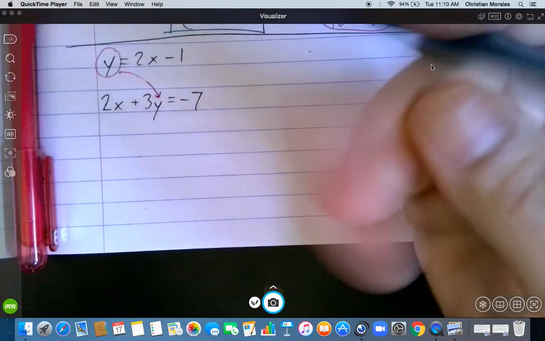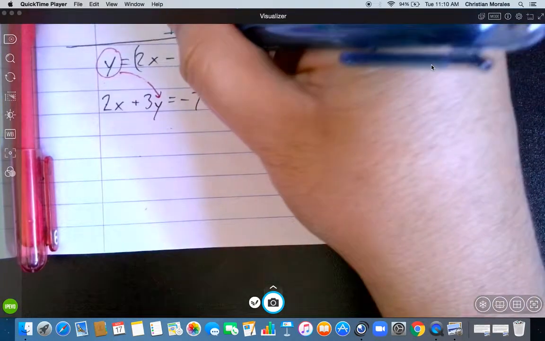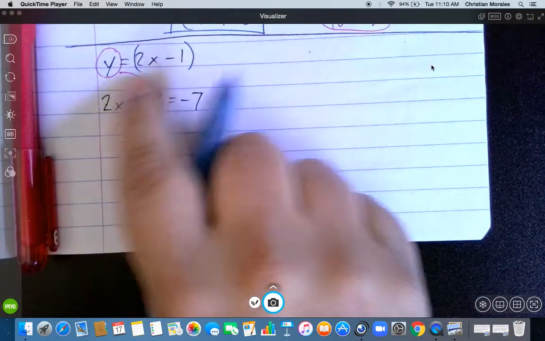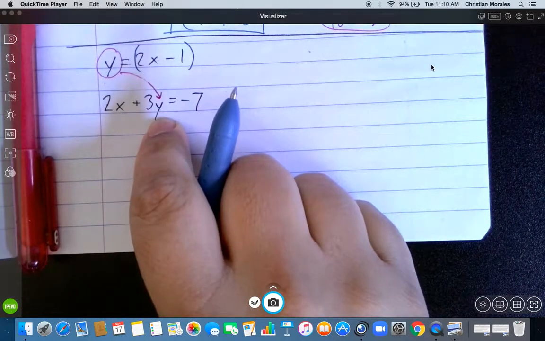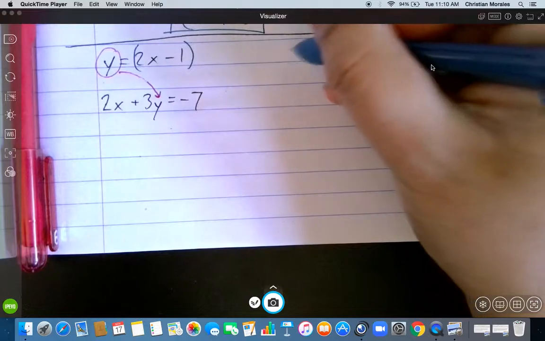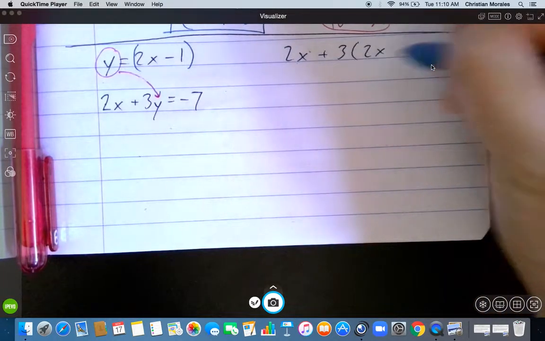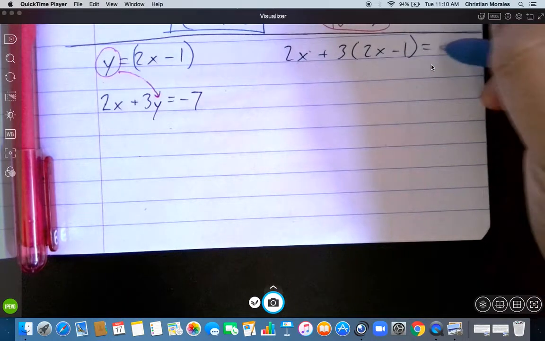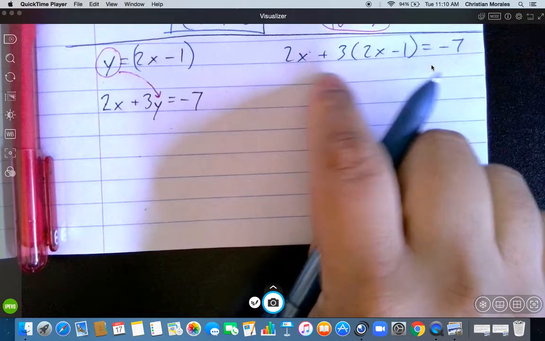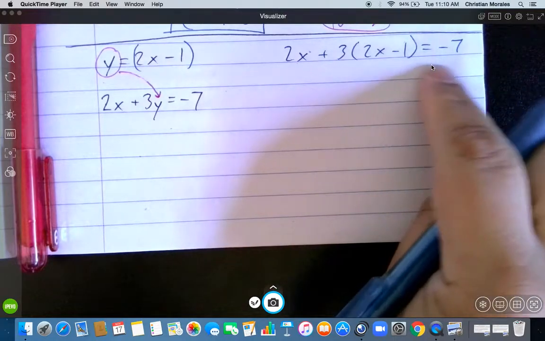I'm going to replace it with 2x minus 1. 2x minus 1 is y, so this is going to take the place of y. It's going to look like this. So 2x plus 3 times y equals negative 7.